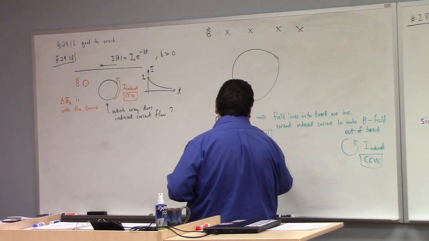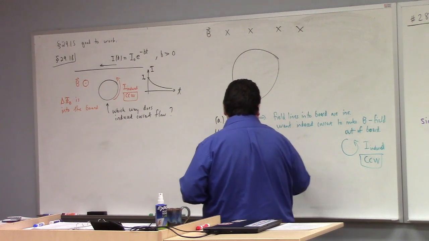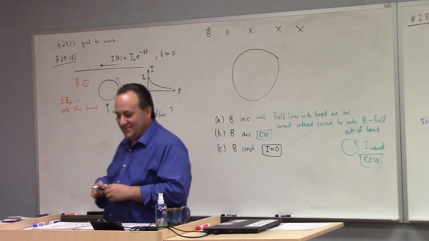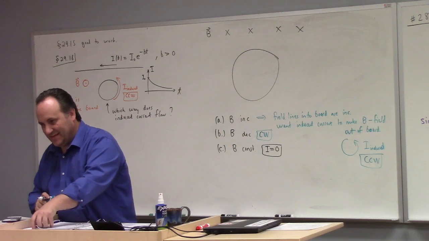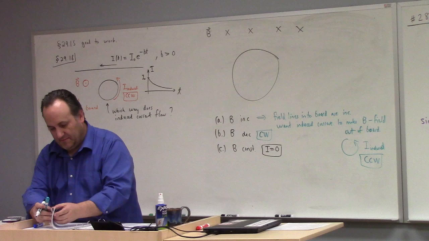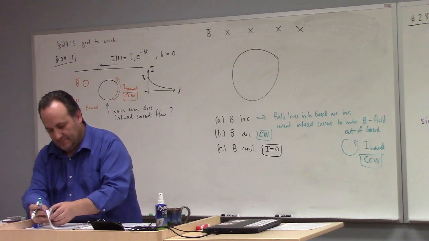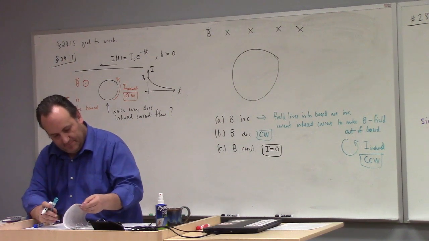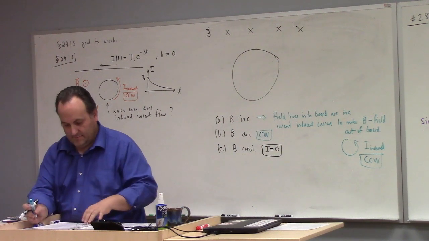If the magnetic field's not changing, the induced current is 0. This is the easiest case of all. So yeah, that's 15: counterclockwise, clockwise, no induced current.